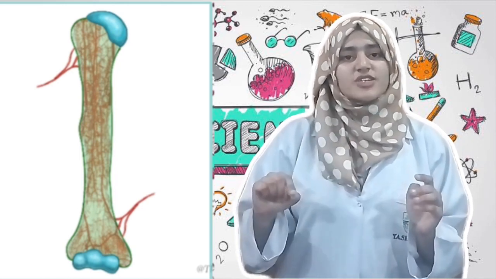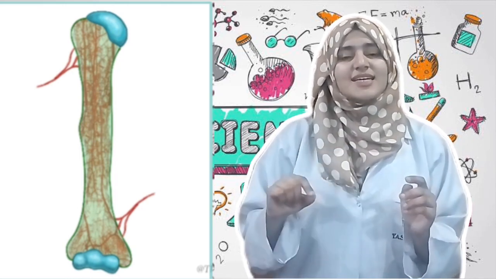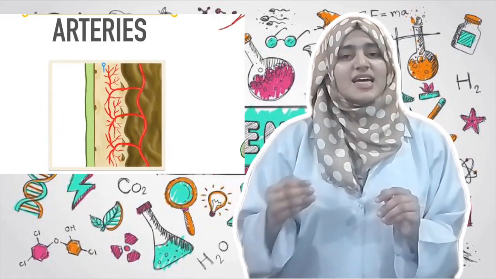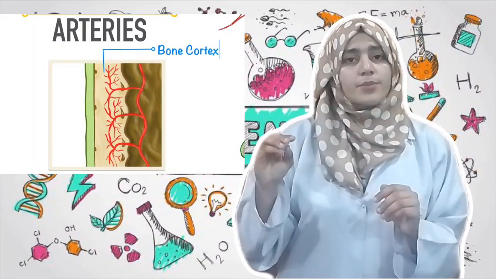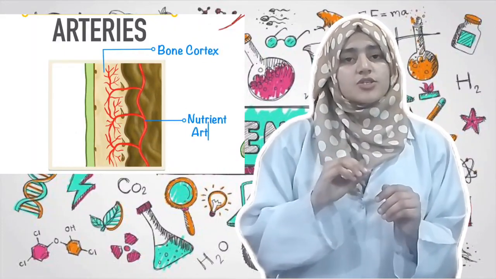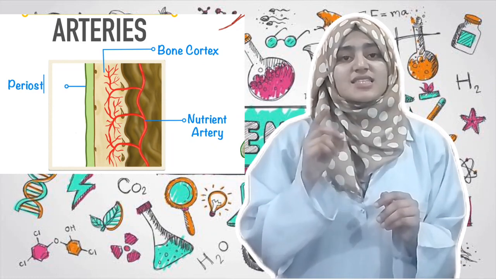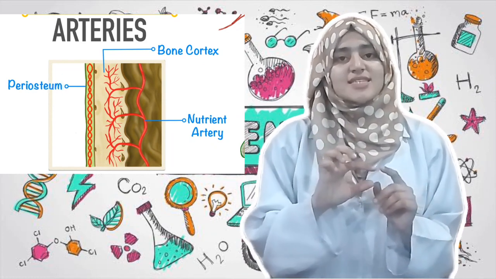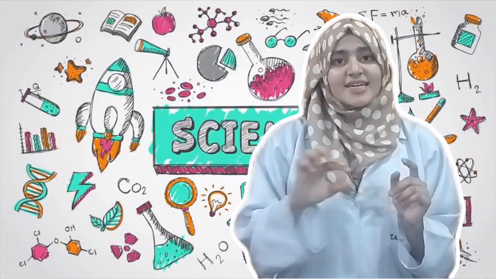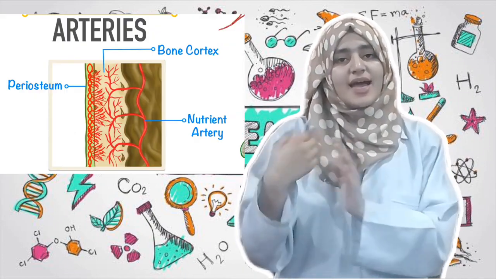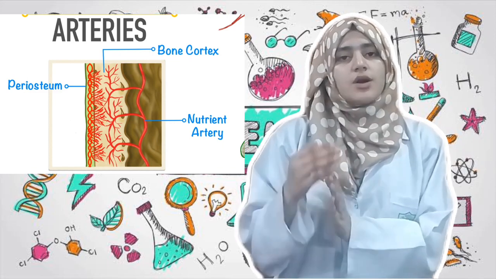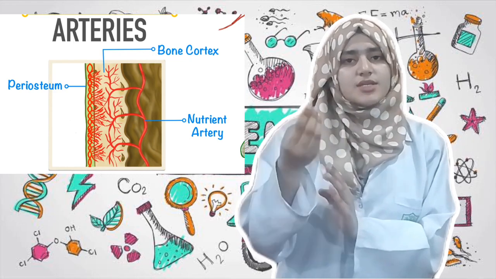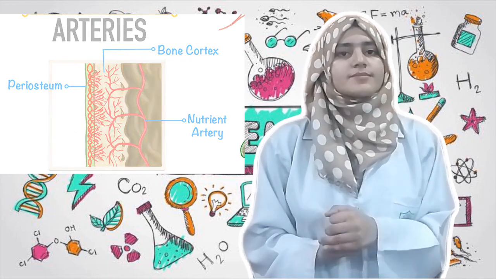At the attachment sites of aponeurosis, the periosteal arteries enter into the periosteum and further extend and enter into the bony tissue of the diaphysis through Volkmann's canal. The Volkmann's canal provides a passage and a connection between the periosteum and the bony tissues or Haversian systems. The Haversian system is the unit of bony tissue, you can say.